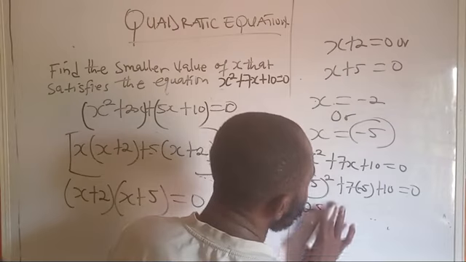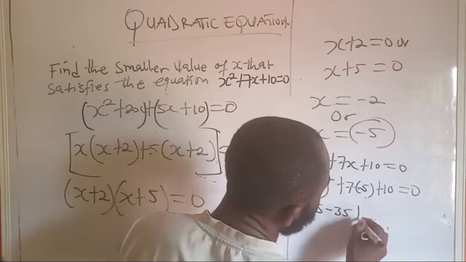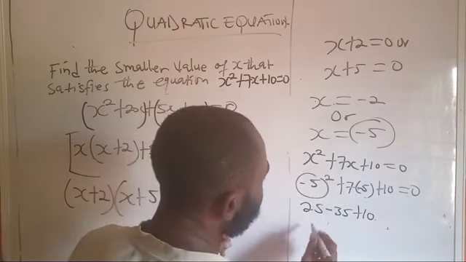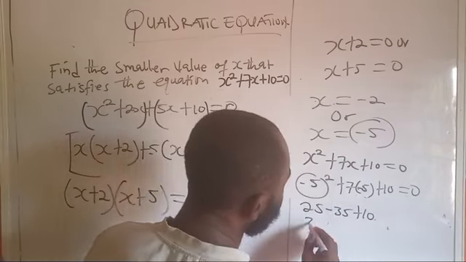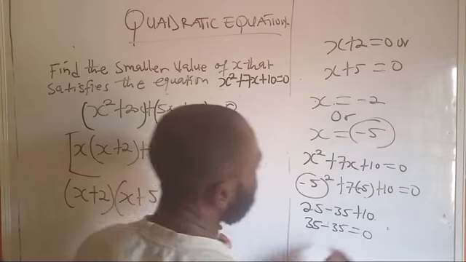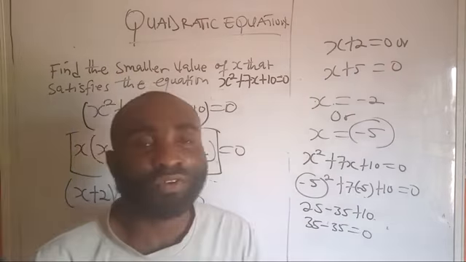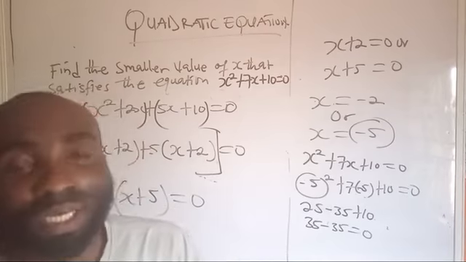Plus 7 times minus 5 gives us minus 35, plus 10. So 25 plus 10 gives us 35, minus 35 gives us 0. So this has satisfied the equation. This is how to solve a quadratic equation without using a formula.